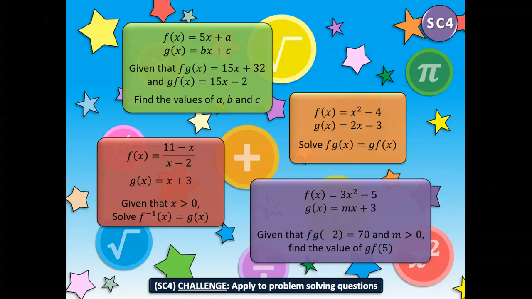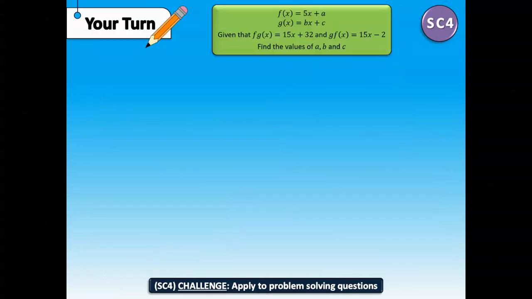Here are your answers. So for the green question, we want to find the values of a, b, and c. So we substitute g of x into f of x.